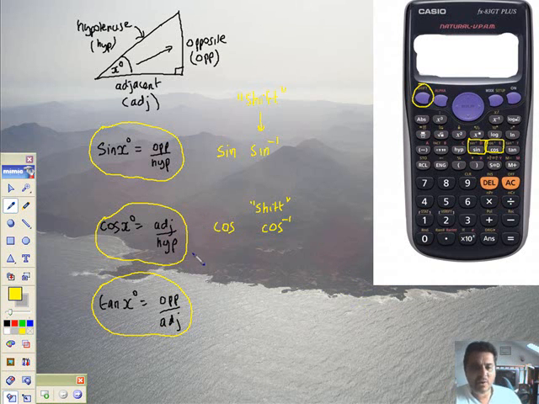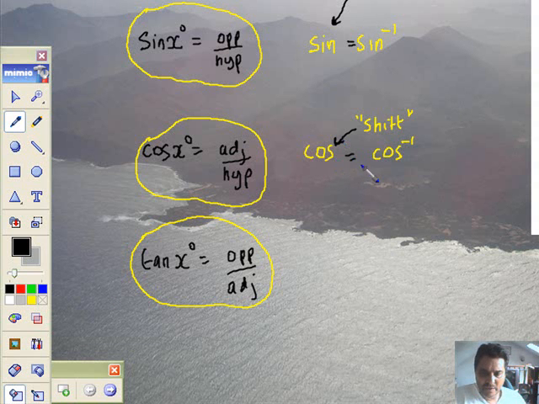So essentially, if I know what the cosine of an angle is, because I've divided two numbers, the adj and the hyp, I can press shift cos and I will get cos minus 1. So let's make this a little clearer. If I press shift and sine, I will get the sine minus 1. If I press shift and cos, I will get the cos minus 1 function. In other words, it will work out the angle for me.